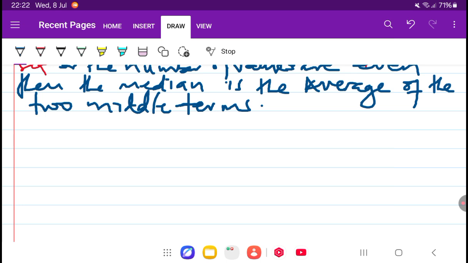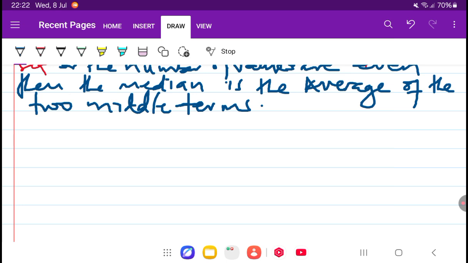We look at half of the data set, and of course the median of that data set is going to be that value that is going to lie in the middle of the data set, as long as that data set has been ordered.